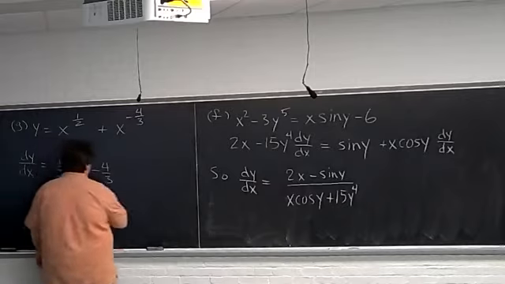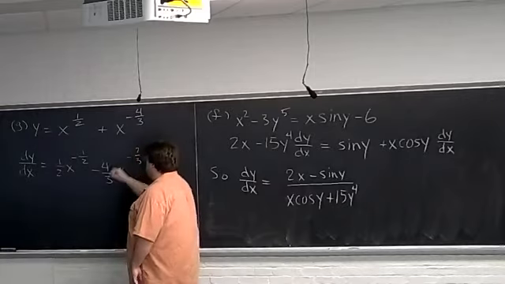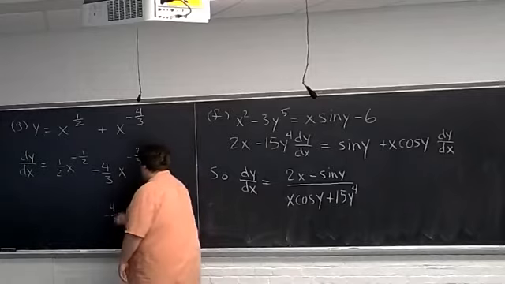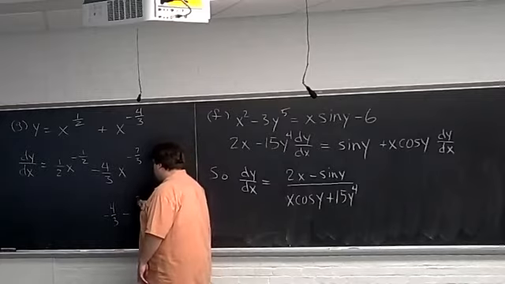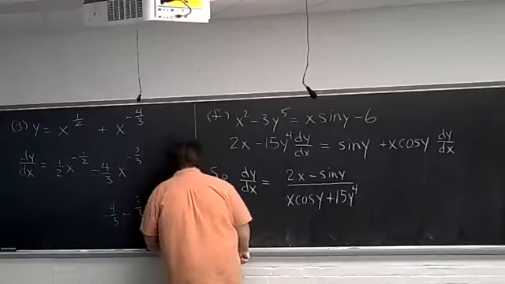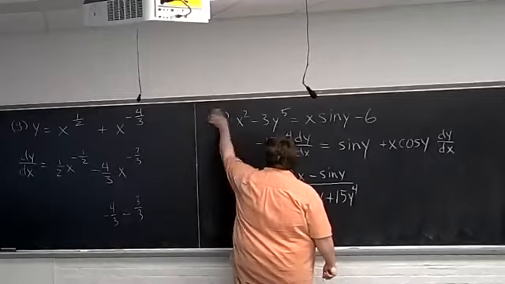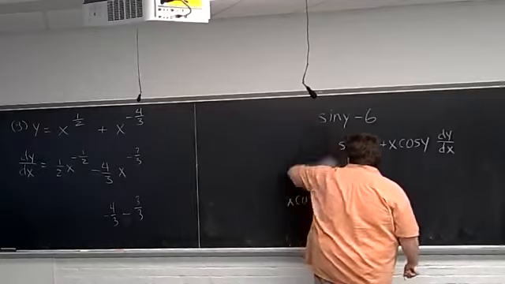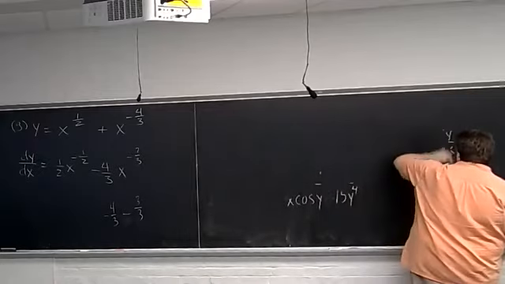Bring the negative 4/3 down, x to the negative 4/3 minus 1. Negative 4/3 minus 1. Well, 1 is 3/3. So we have negative 4 minus 3 gives us negative 7. And you don't have to rewrite that, that's fine. Any questions about that one, part G?